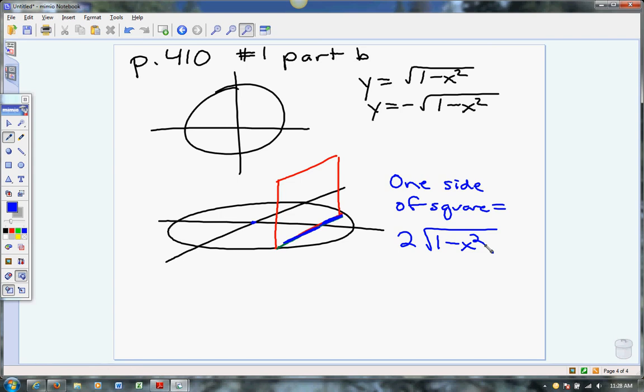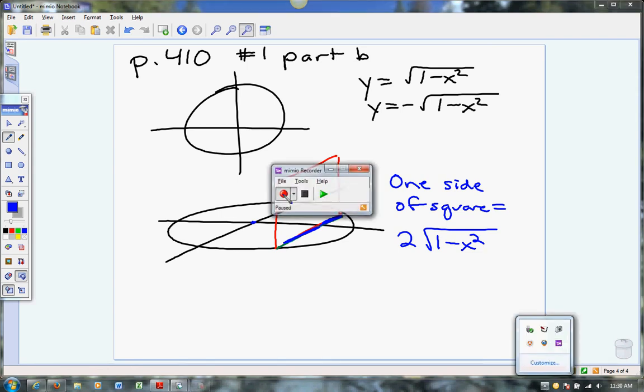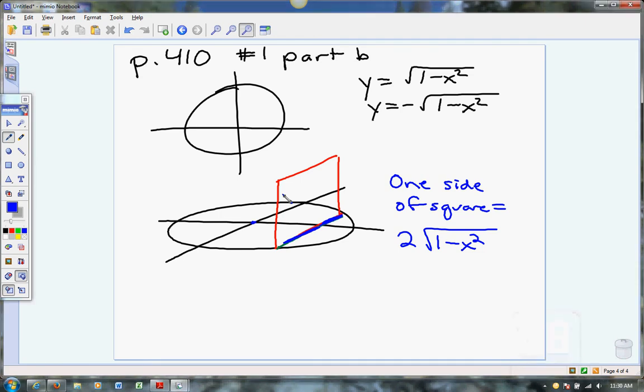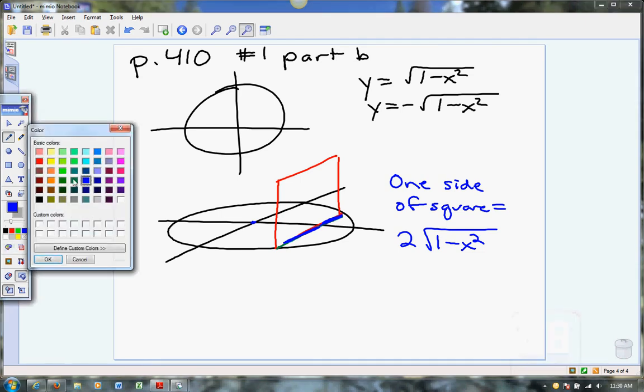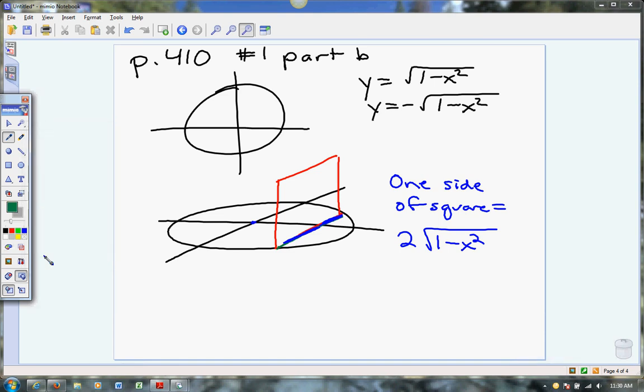All right, I'm going to pause the video. So in this case, if I come back up to my original circle up here, let me explain this a little bit more. This distance right here is the square root of 1 minus x squared, right? Well, since the circle is symmetrical, and I didn't do a great job drawing my circle, it should come down a little bit further.